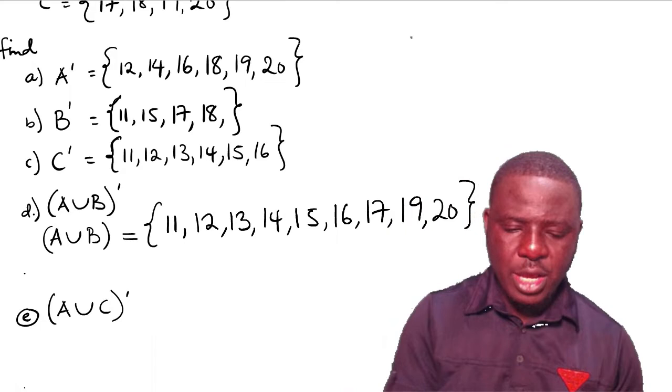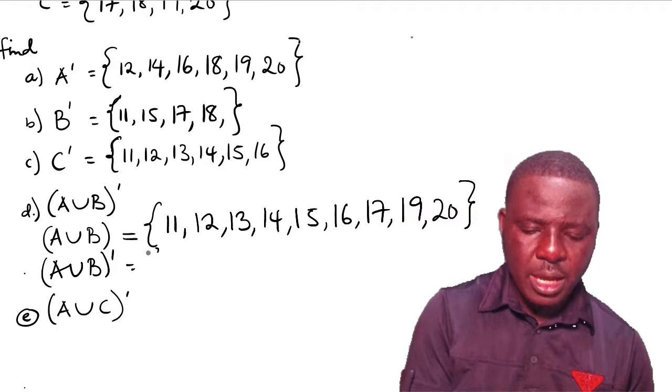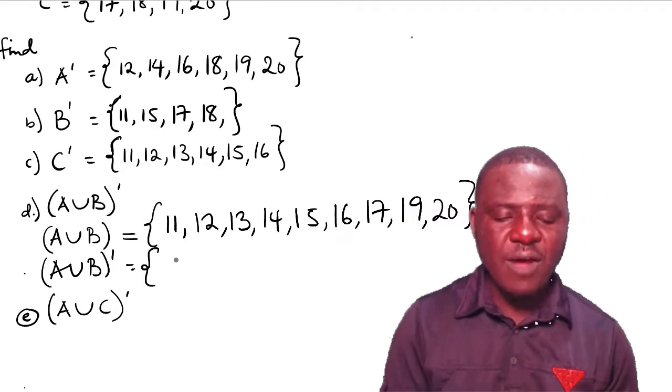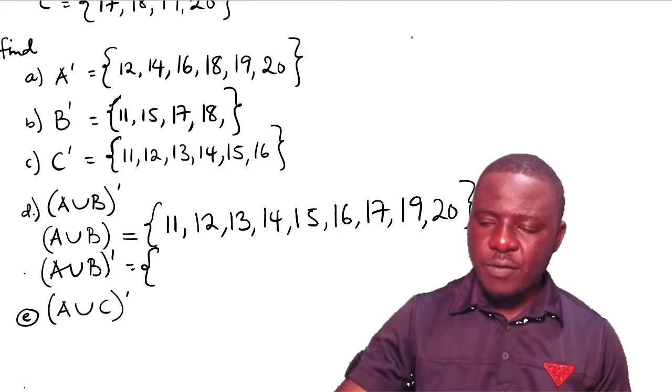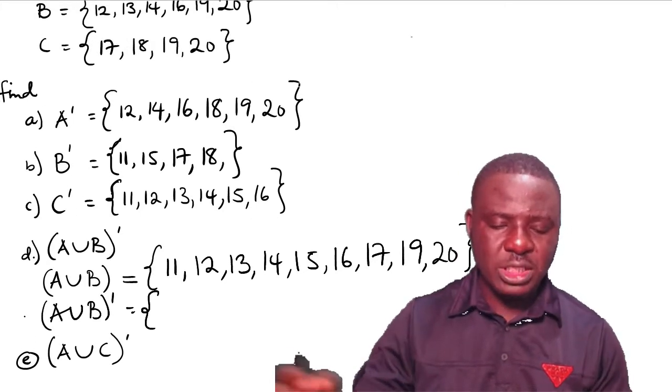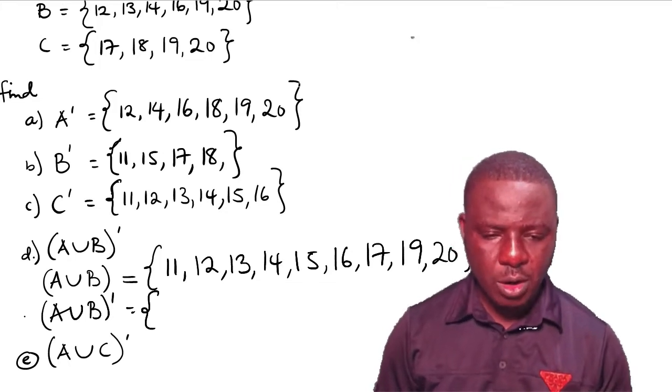For us to get (A union B) complement, we will now compare what we have in A union B with that of the universal set and figure out those that are not in A union B. This gives us (A union B) complement.